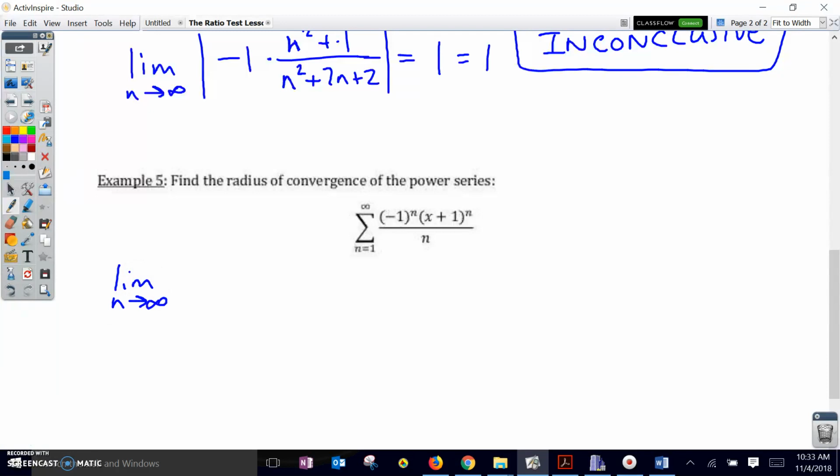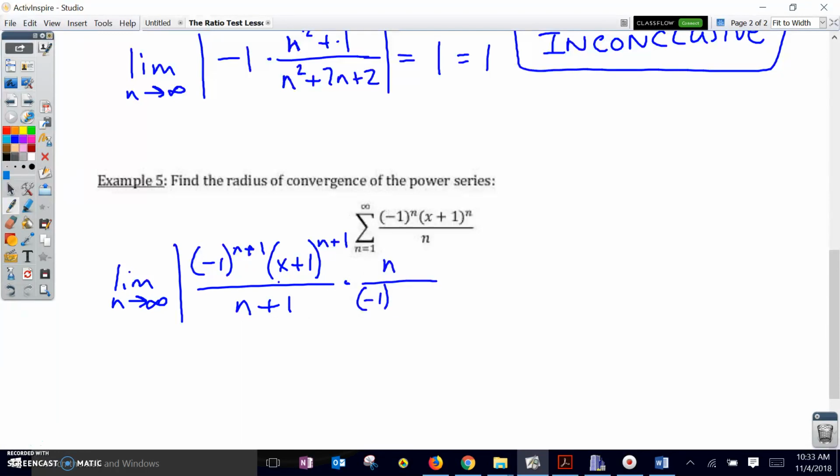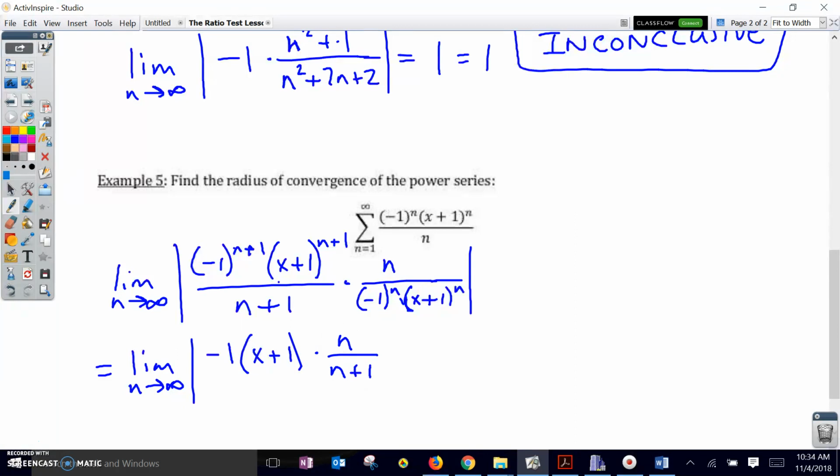Setting up the ratio test, the limit as n goes to infinity of the n plus first term times the reciprocal, and simplifying this, we get that the limit as n approaches infinity of, let's see, negative 1 times the quantity x plus 1 times n over n plus 1.